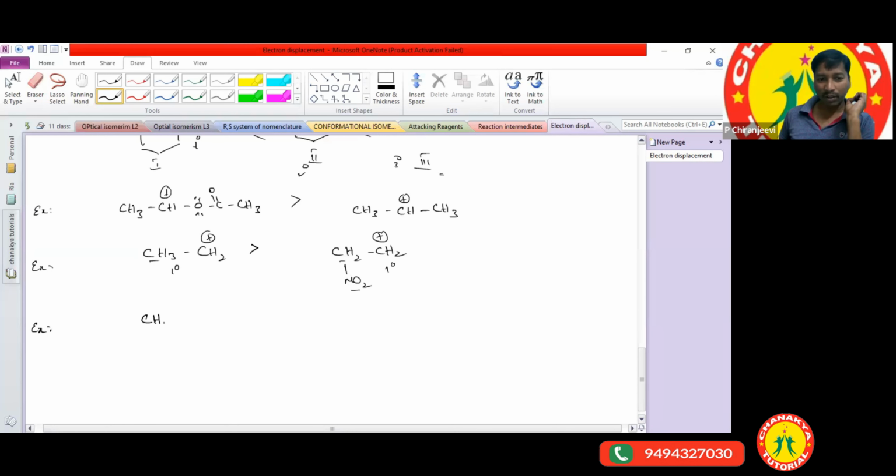For example, CH2-CH2 plus with fluorine, CH2-CH2 plus with chlorine, CH2-CH2 plus attached with bromine, and CH2-CH2 plus attached with iodine.